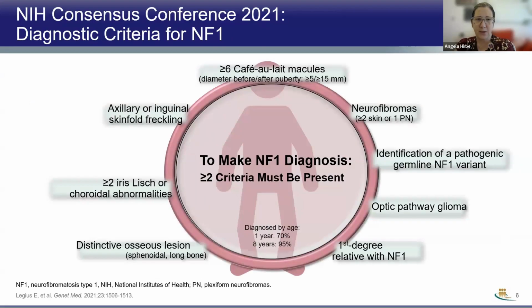So in order to make a diagnosis of neurofibromatosis type 1, a patient has to have at least 2 of the criteria shown in this figure.